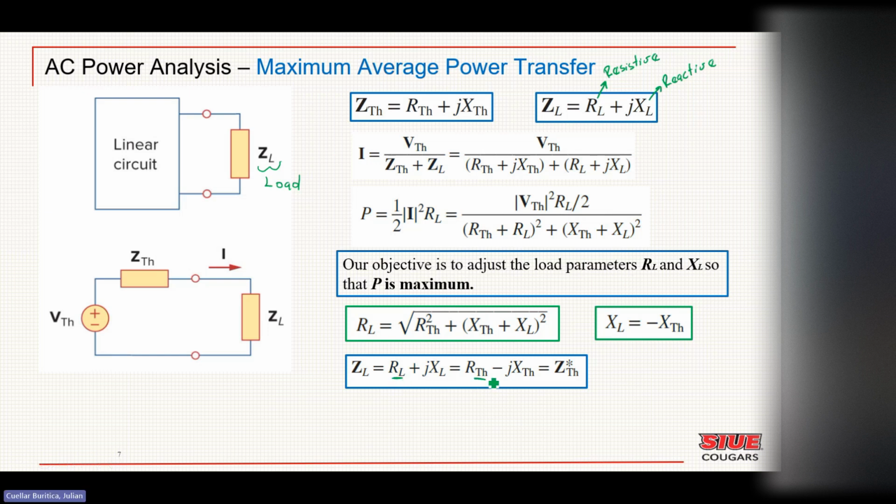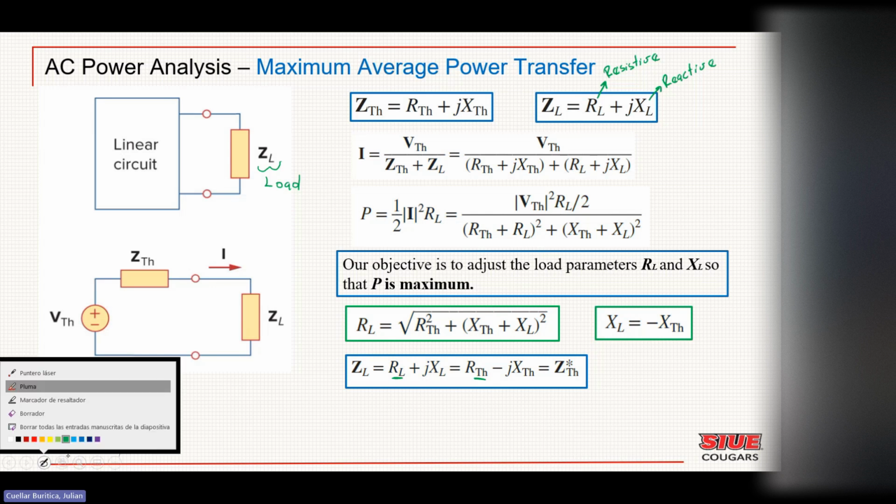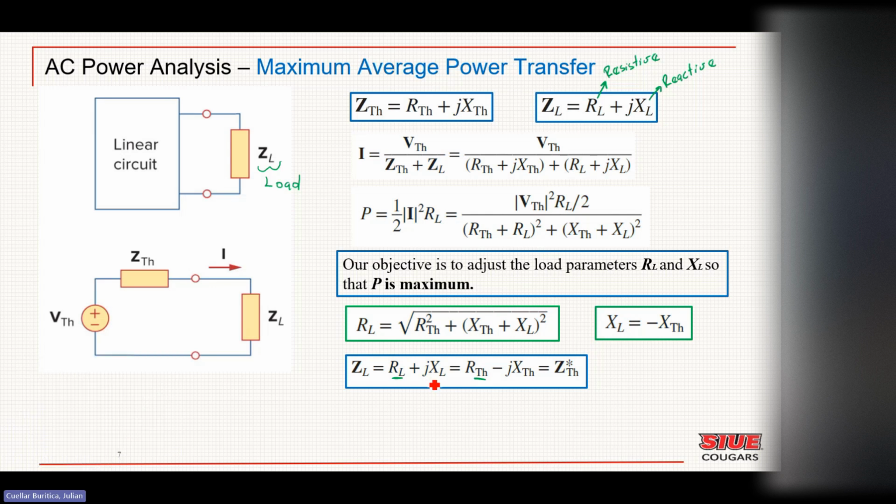RL is going to be equal to our R Thevenin, and the reactive part, sorry, is going to be equal to the negative reactive part of the Thevenin equivalent. It means that at the end, our optimum load value is going to be the complex conjugate of our Thevenin impedance.